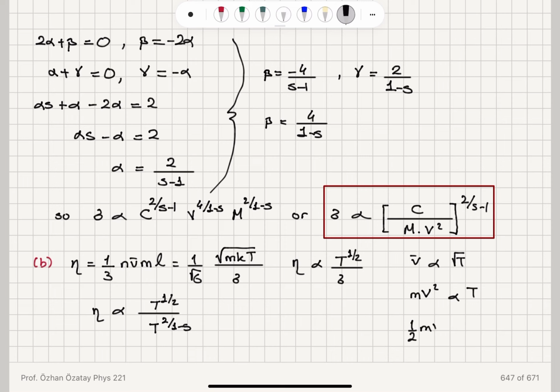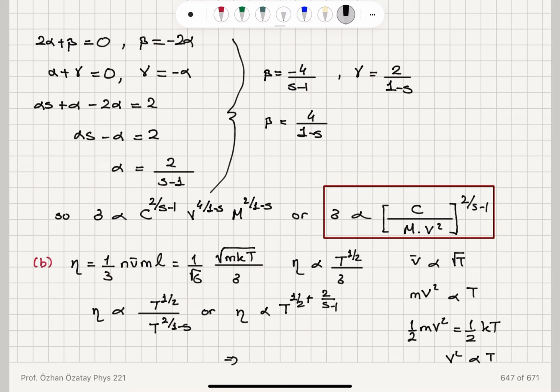1/2 m v squared is 1/2 kT, the equipartition theorem. So you can see that v squared is proportional to T. So we can write for the coefficient of viscosity a temperature dependence T to the 1/2 plus 2 over s minus 1.